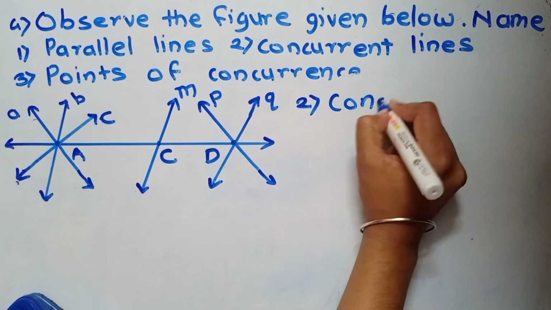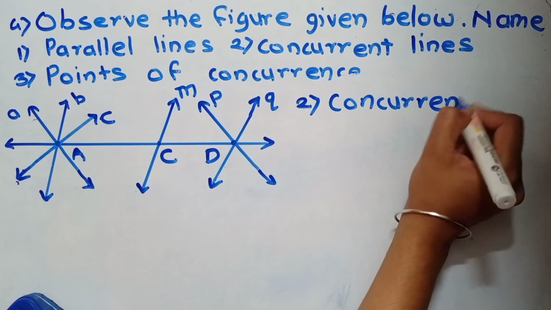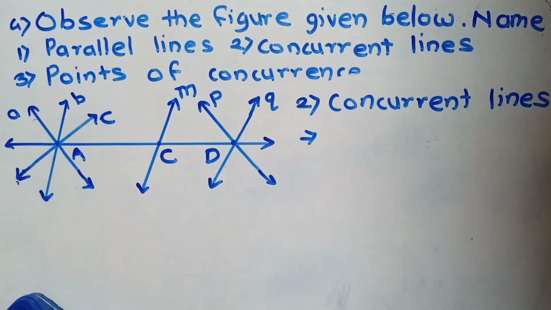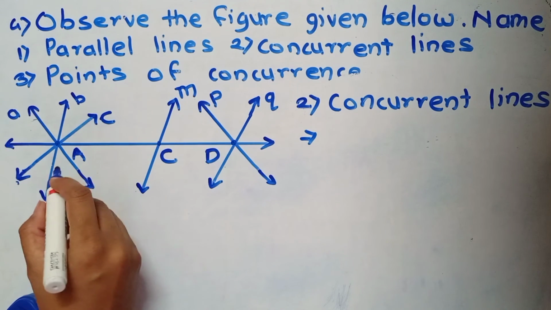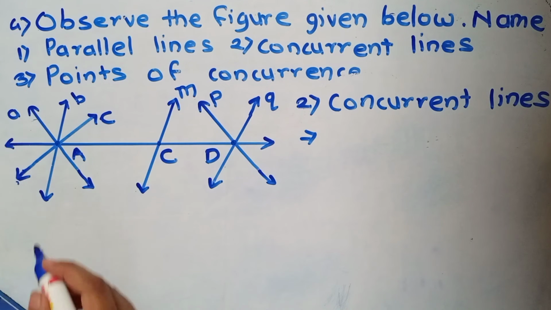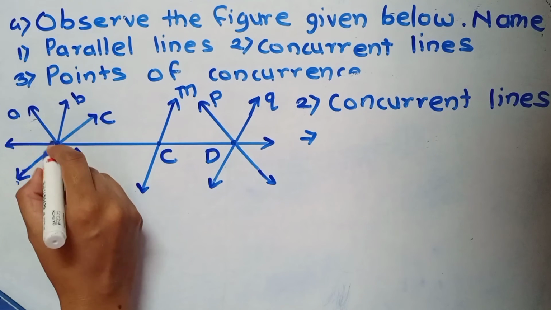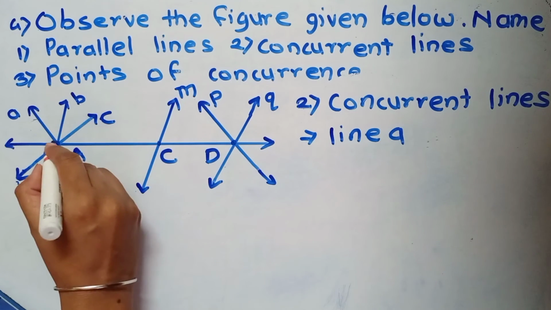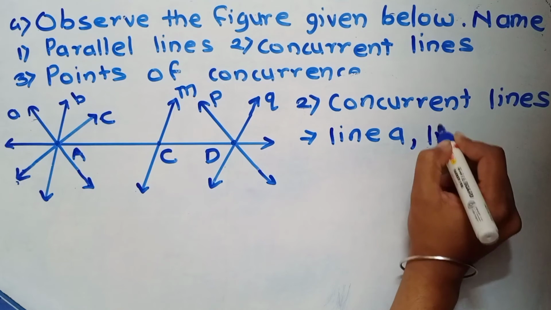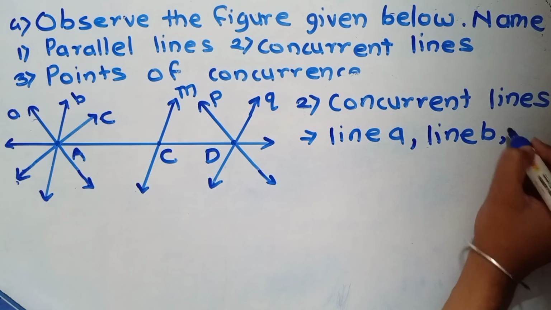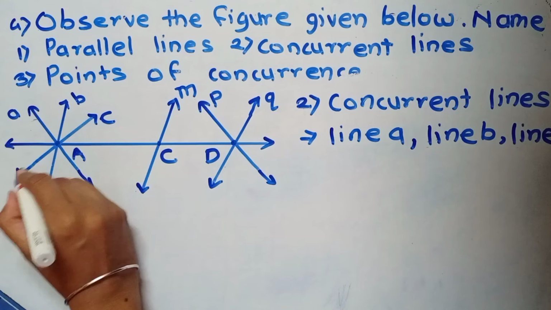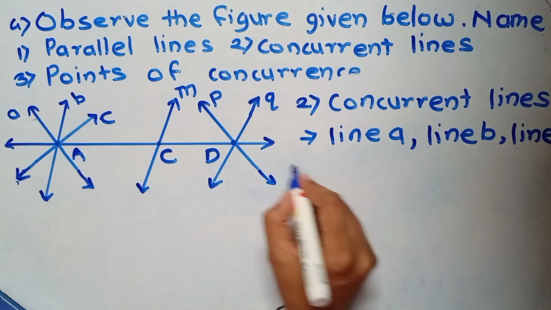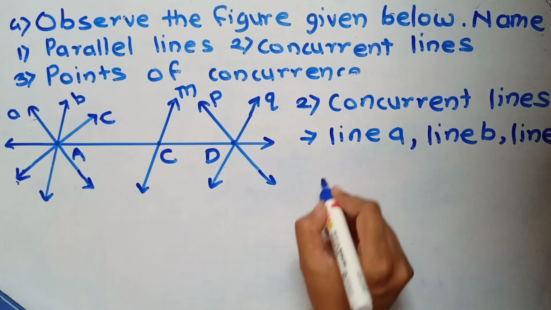Okay, next solve concurrent lines. Which are the concurrent lines? The lines passing through one single point. Which are the lines? Line A, write down line A, line B, line C. These are the concurrent lines.